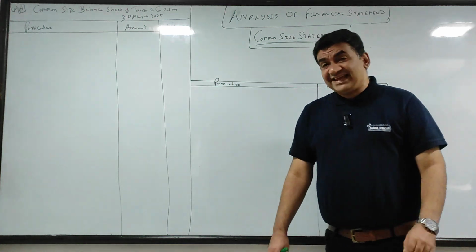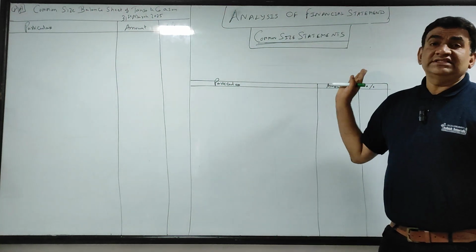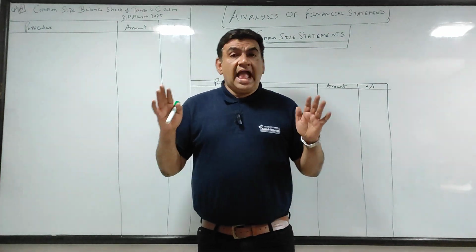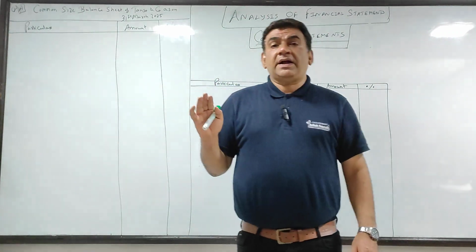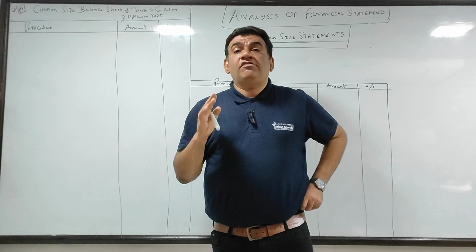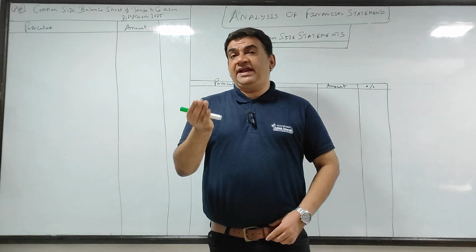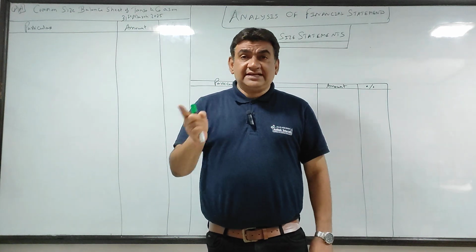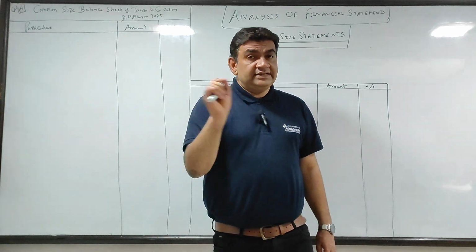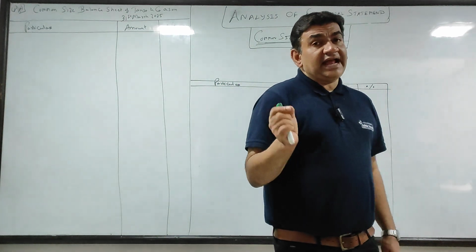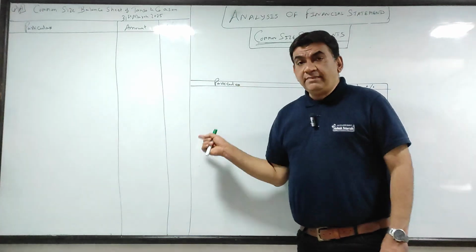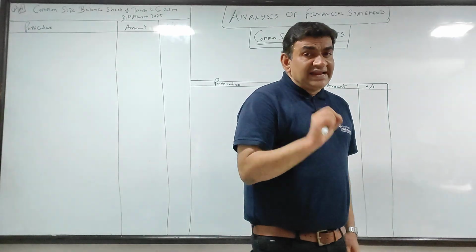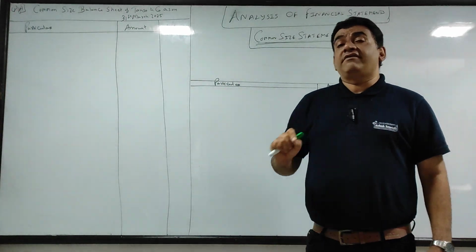Now we take the second part, that is common size statement. Again the same thing. To do this part, we need the base of balance sheet and income statement, which we have done. So half the job gets done. But unlike comparative, where calculations of income statement and balance sheet were same, here in common size, the calculations for balance sheet and income statement will differ.